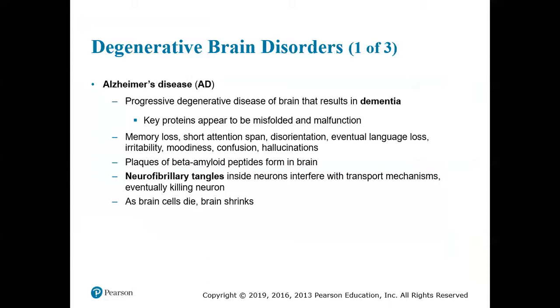Alzheimer's disease. This is a neurodegenerative disease. It usually results in dementia. Why? Well, there are certain key proteins that misfold and malfunction. Remember what proteins are. Proteins are enzymes.